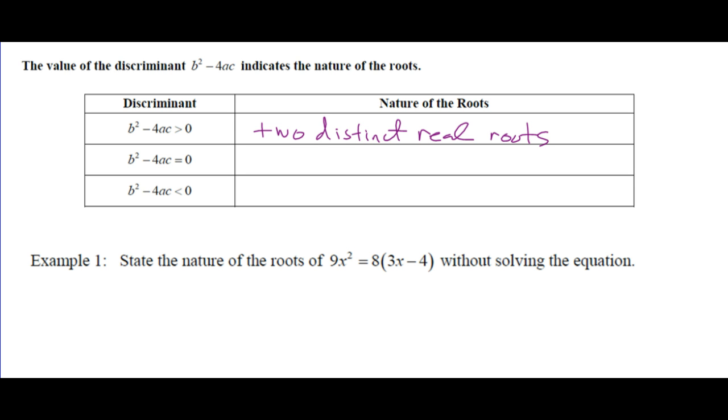If the value of the discriminant is equal to 0, what have we got? 2 equal real roots. And if the value of the discriminant is less than 0, we have 2 non-real roots.